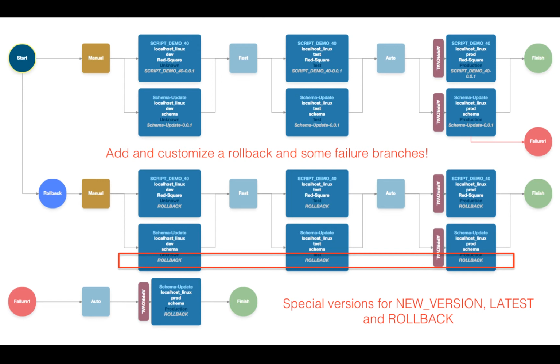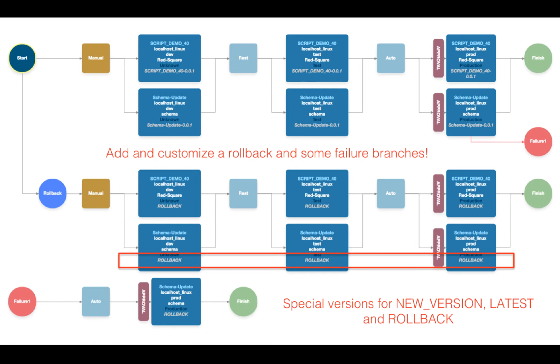Quite often you won't want to roll back to the development and test environments, only production. So you can put those in. And this rollback pipeline is called only in the case where you've gone through the ordinary pipeline right to the finish node that you can see up in the top right there, and then you find that you have an issue in your production environment. You can then click a one-click rollback, which will invoke this rollback pipeline.